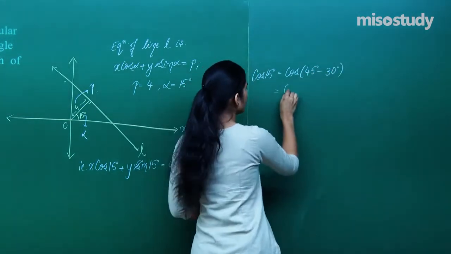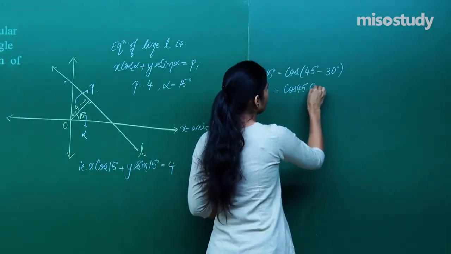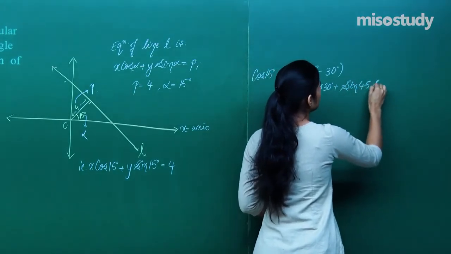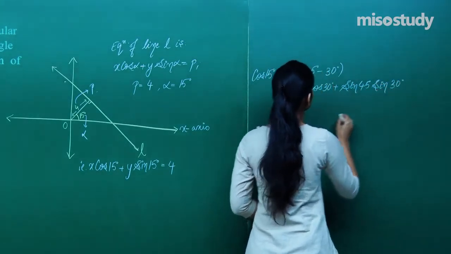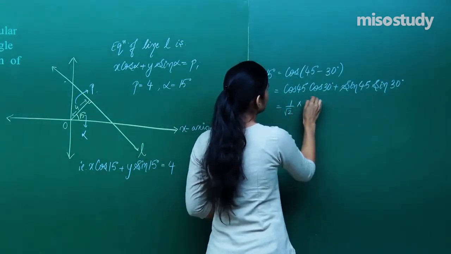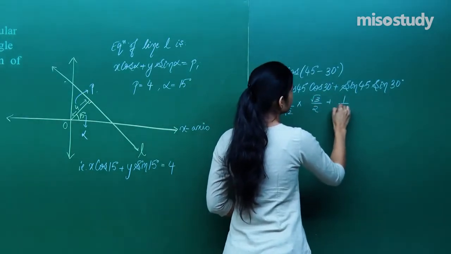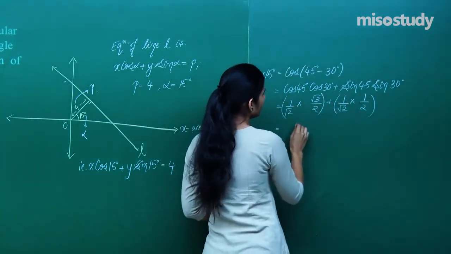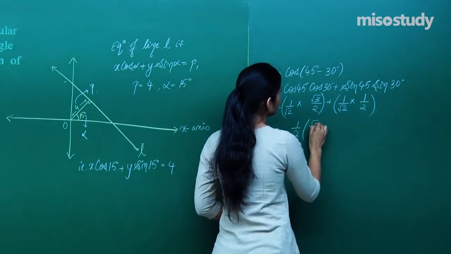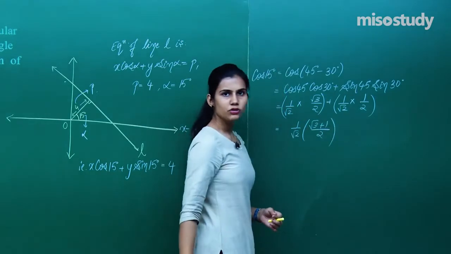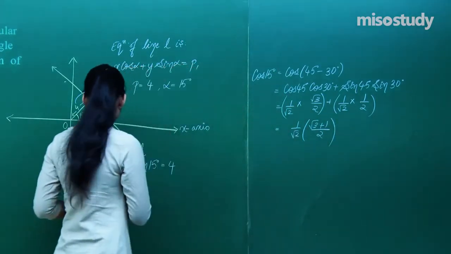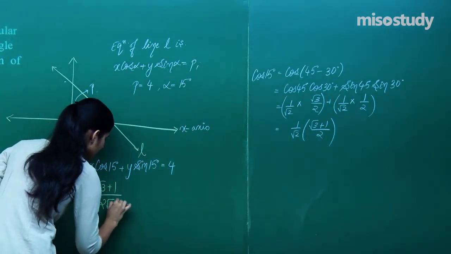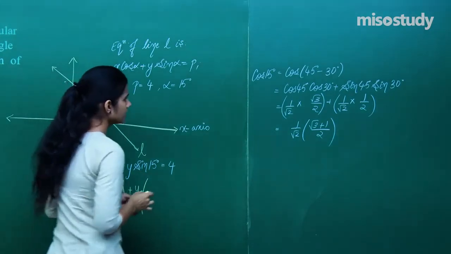Cos of A minus B is cos A cos B plus sin A sin B. This is 1 by root 2 into root 3 by 2 plus 1 by root 2 into 1 by 2. 1 by root 2 comes out common. You are left with root 3 plus 1 by 2. So eventually you have got root 3 plus 1 by 2 root 2. So cos 15 is root 3 plus 1 by 2 root 2. Sin 15.